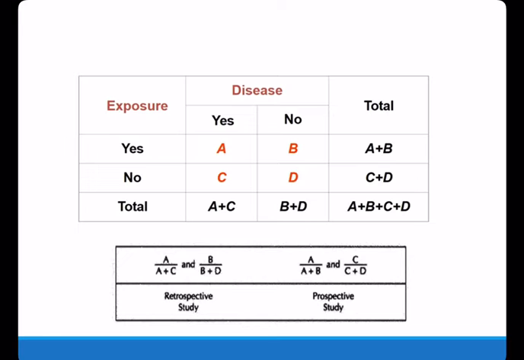In the prospective cohort study, we start from the exposure: among those who are exposed, what is the probability of having the disease, and compare with those in the unexposed group, what is the probability of the disease.